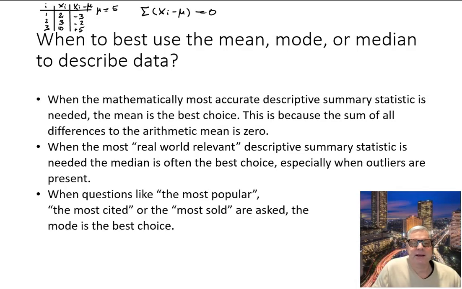The median is obviously not, or the sum of all the deviations from the median are not equal to 0. So what is the median here? So we have 3 observations. So the index number would be 1.5. So we have to round up. So the median is 3.